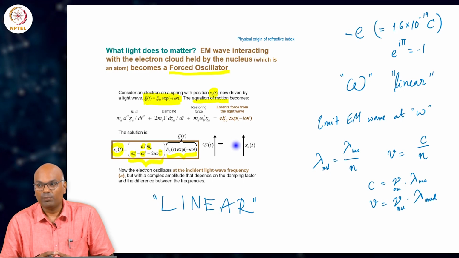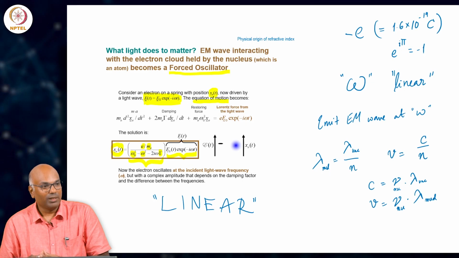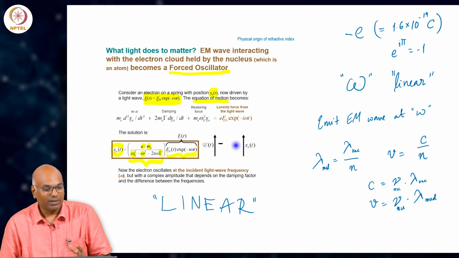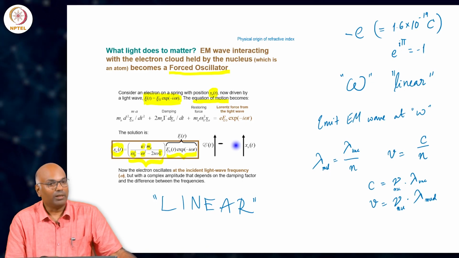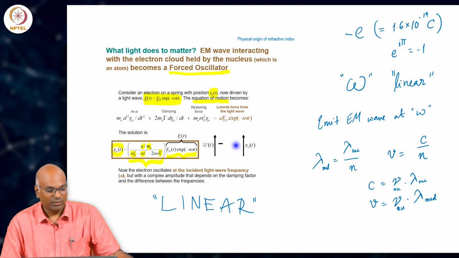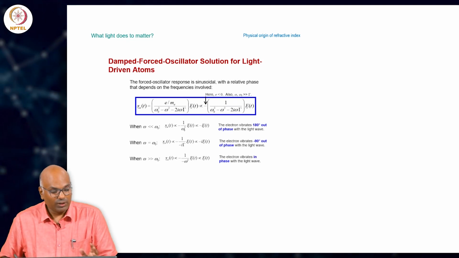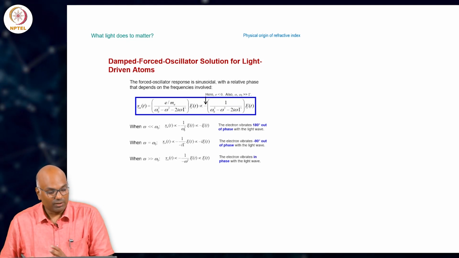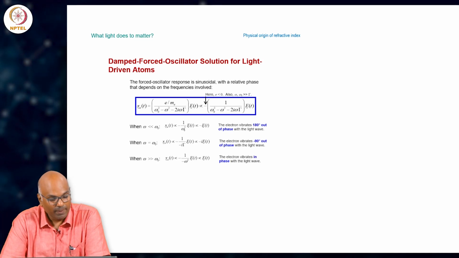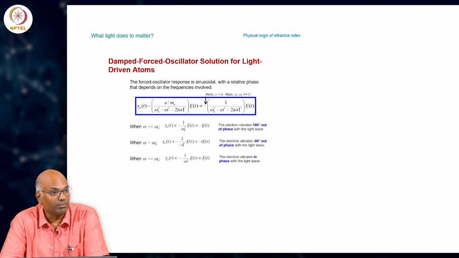That point must be made, and to appreciate the constancy of frequency, we need to appreciate the model that underlies, or the physics that underlies light matter interaction, even at a fairly basic level. So, now what light does to matter is the question that we can now answer in some detail.